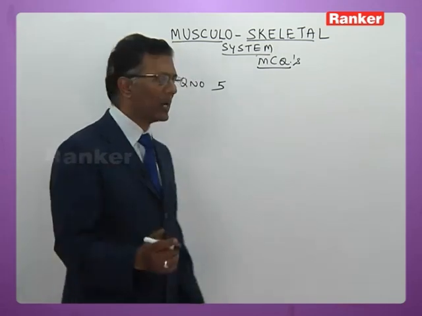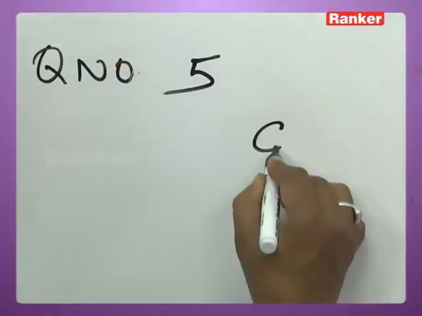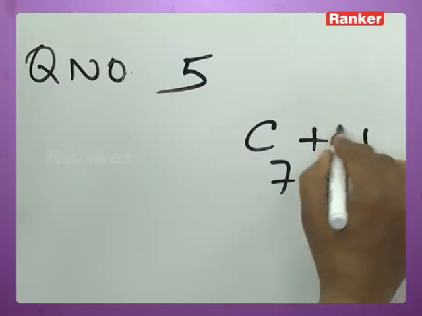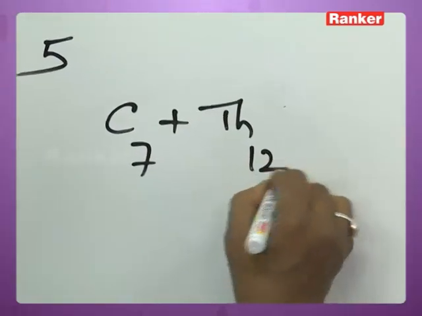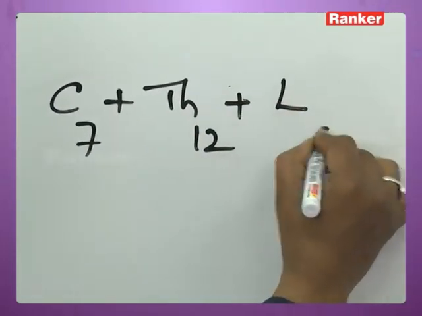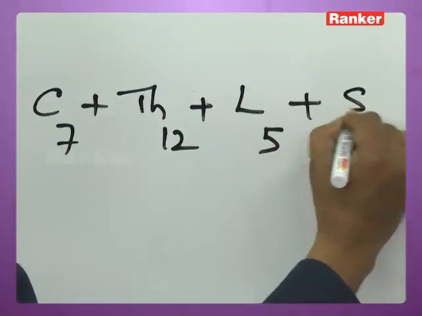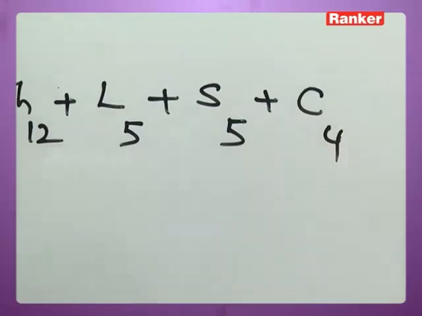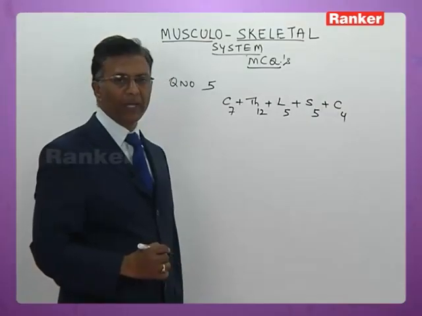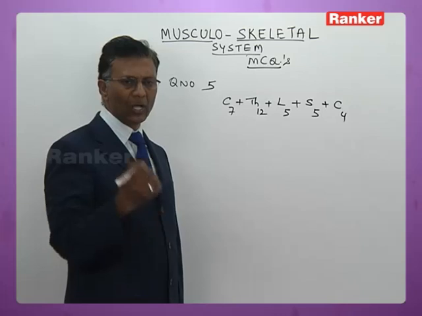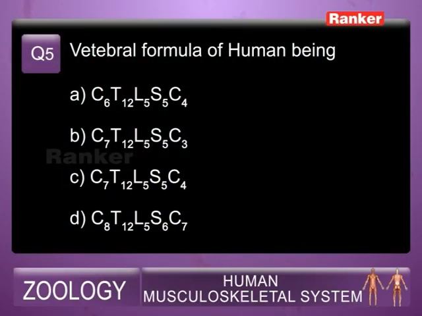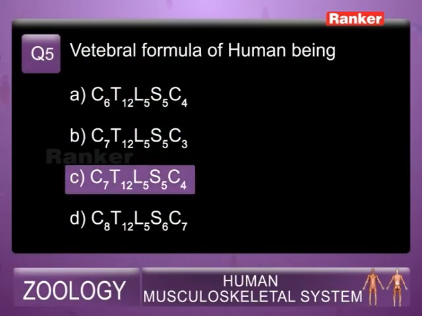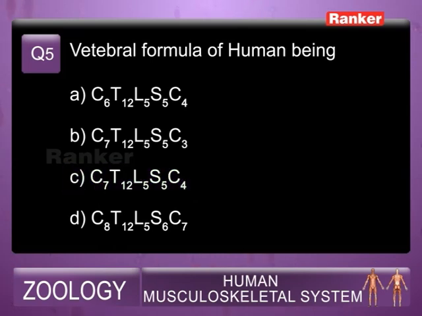Now I know very well students, in human being cervical region 7 vertebrae are present, thoracic region 12, lumbar region 5, sacral region 5, coccygeal region 4. So as per these options, answer C is the correct option.